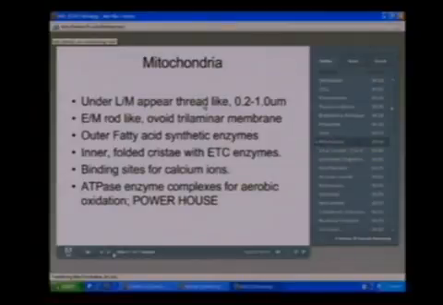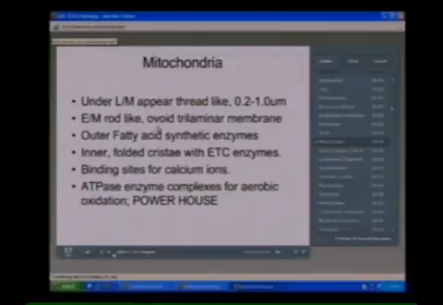Under the light microscope, it appears as a thread-like thing, 0.2 to 1 micrometer. In the electron microscope, EM, it looks like a rod-like structure, an ovoid trilaminar membrane. What is that trilaminar membrane? You will see.